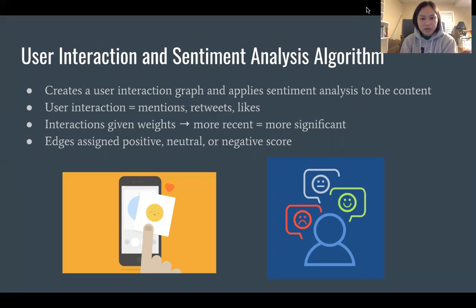The more recent interactions are more significant, so this algorithm is good for dynamic data. When more user interactions are added, the trusted graph is basically regenerated. Then the edges are assigned a positive, neutral, or negative score, depending on the sentiment of the interactions.